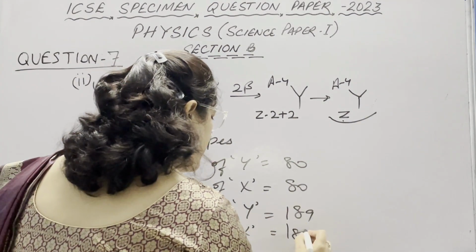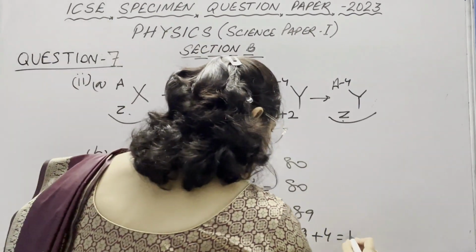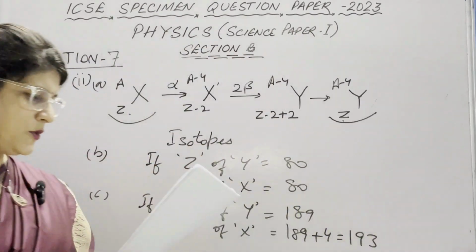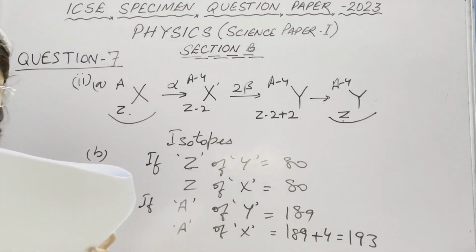So 189 is the resultant, plus 4 comes out to be 193. So if the mass number of Y is 189, then the mass number of X is 193.